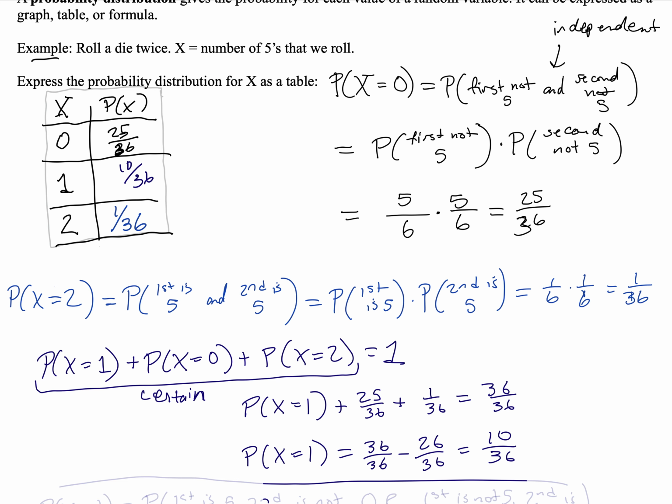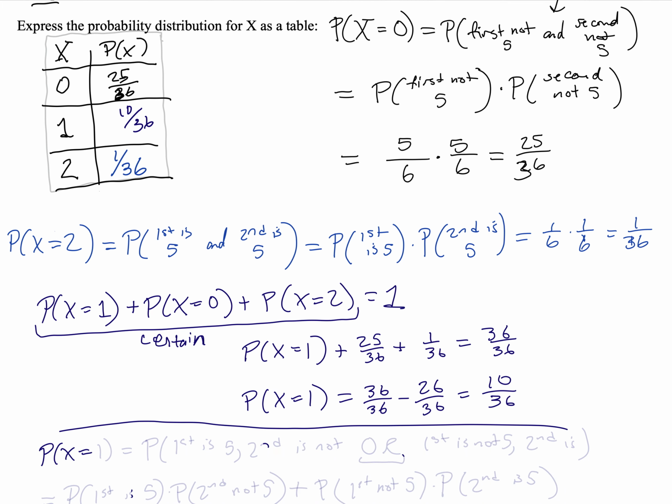Just for practice, let's also calculate that in a different way. So let's also calculate the probability that x equals 1 without using that idea of the complement. So this is equal to the probability that either the first is 5 and the second is not, or the first is not 5 and the second is, right?